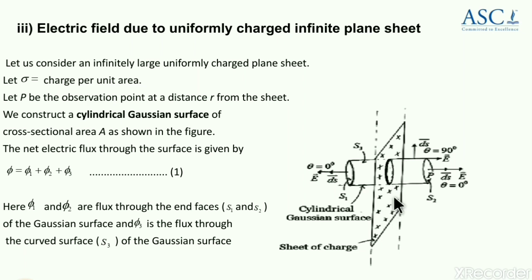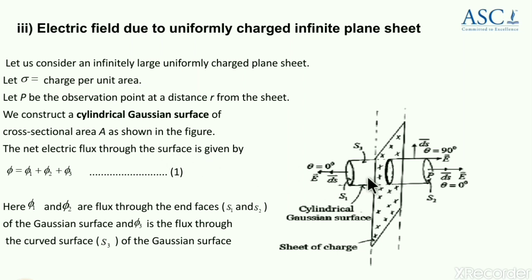So this small cylinder is the most appropriate Gaussian surface. You will also soon realize, while calculating the electric fluxes, how exactly it is chosen as the Gaussian surface.